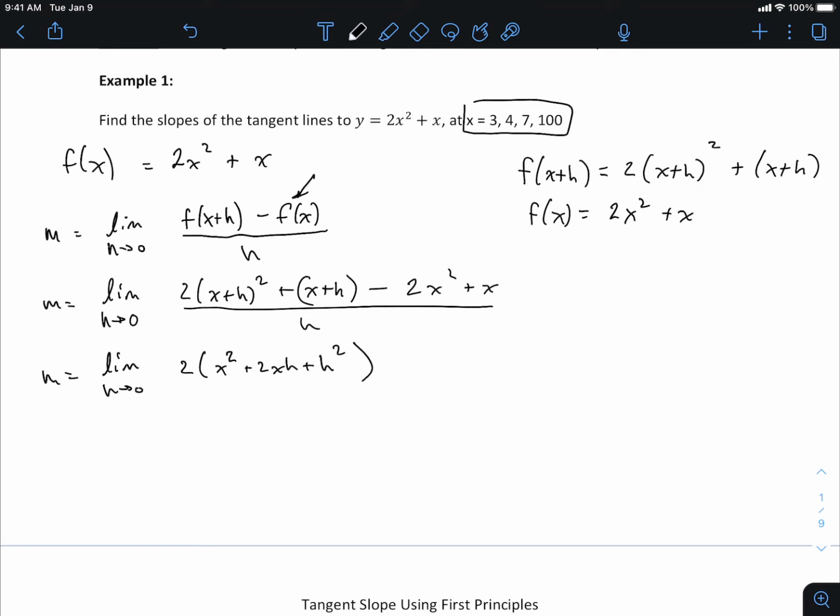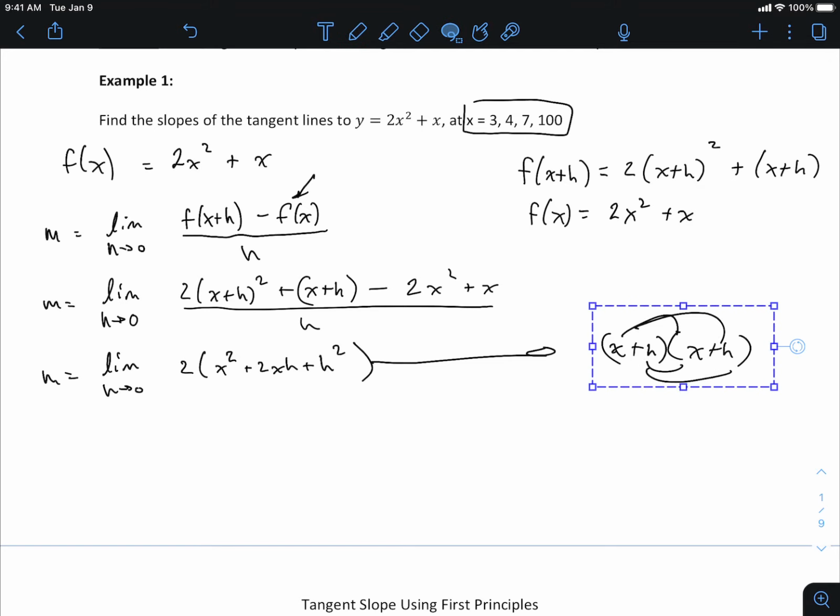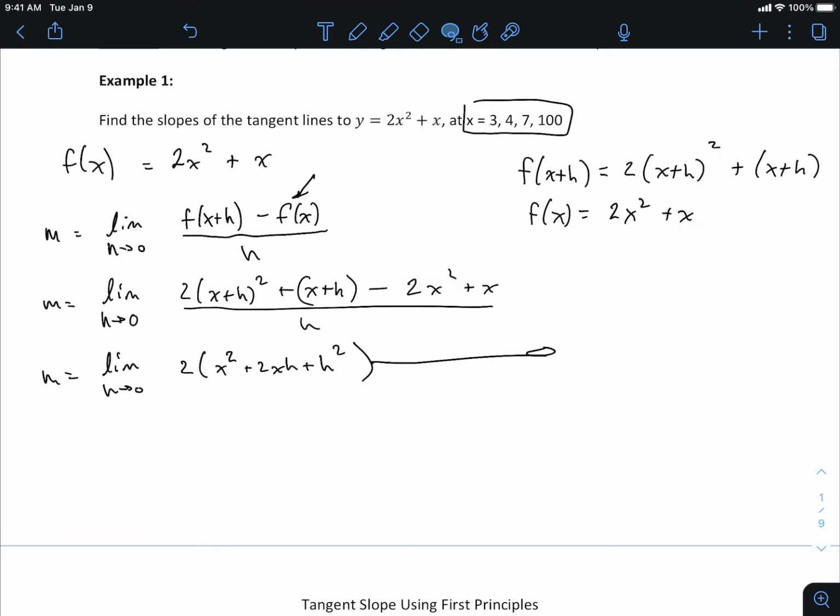You recall this would be the result of going x plus h times x plus h if you distributed. Okay, that's what you would get. And so that takes care of this. And then we have a plus x plus h minus 2x squared plus x, all divided by h, okay?